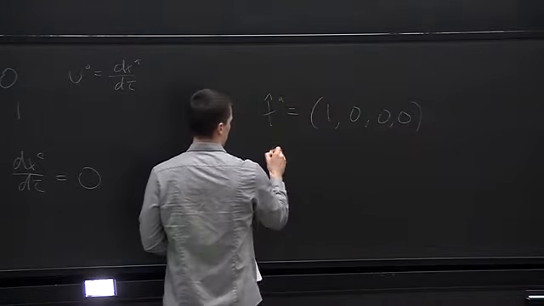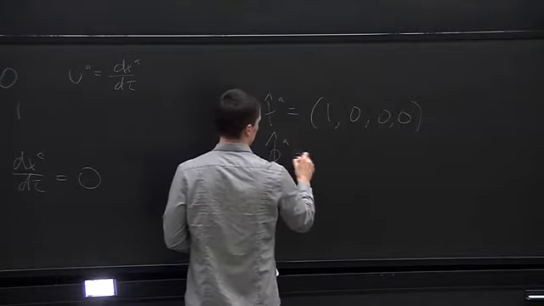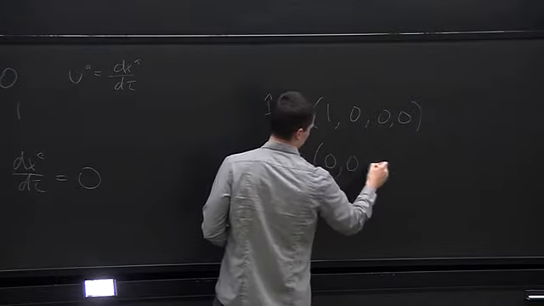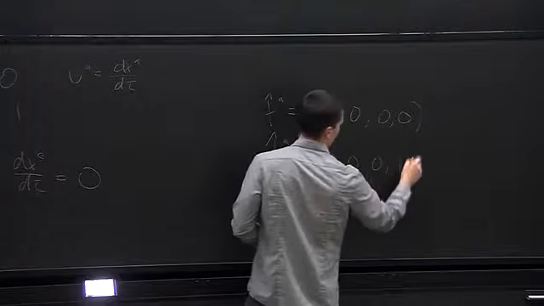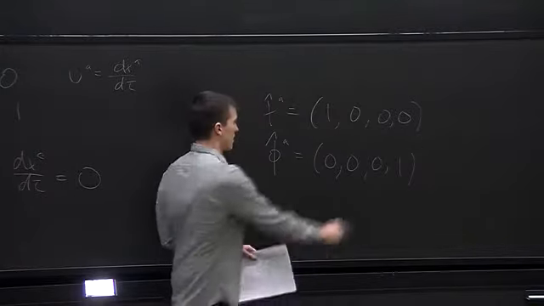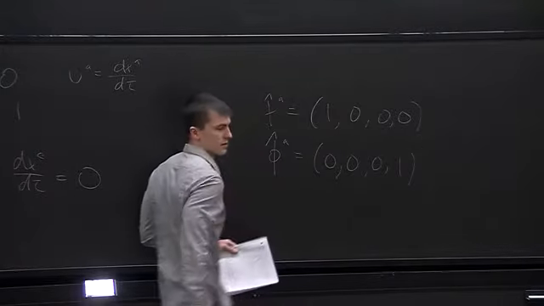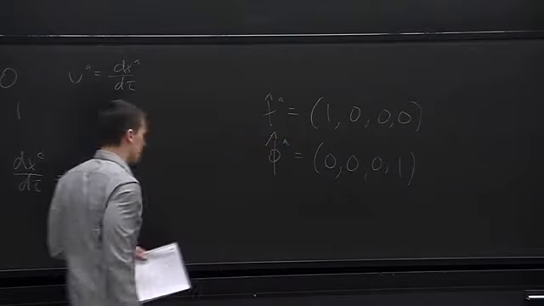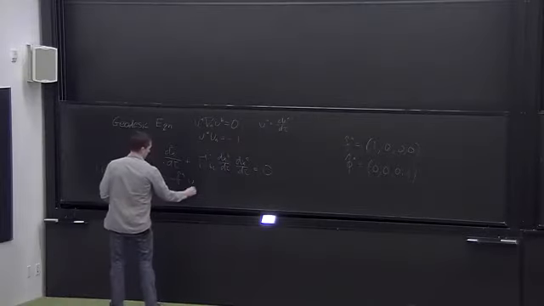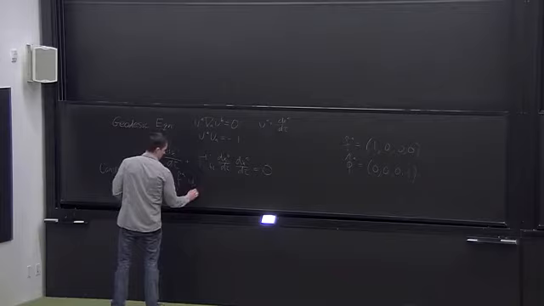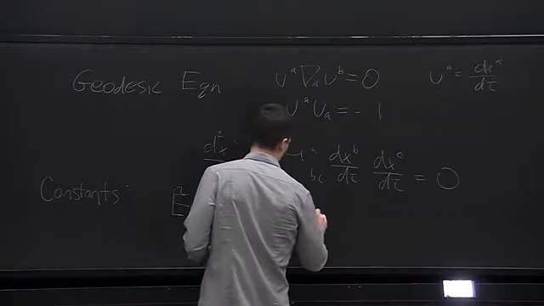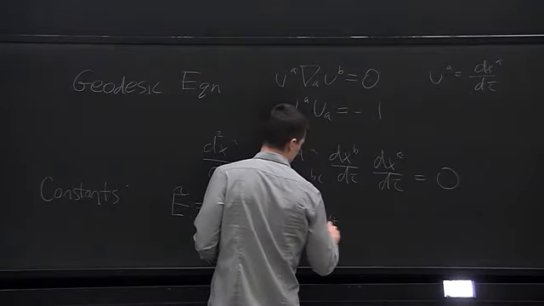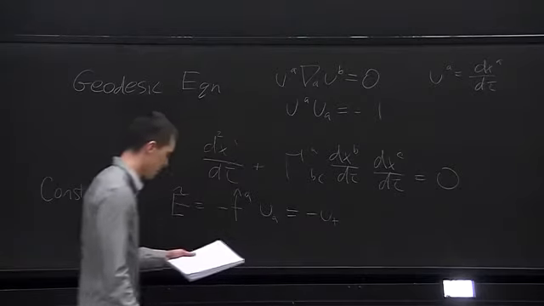And then our axial Killing vector is the one that has a 1 for the phi component, when we have upper indices. If we contract that with our forward velocity, we just get minus E with a lower t.